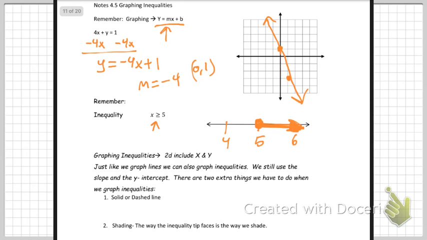Whether we have a solid or a dashed line varies based on what the equation gives us. If we have a greater than or less than symbol, we will have a dashed line. If we have a symbol that says greater than or equal to, or less than or equal to, we're going to have a solid line.